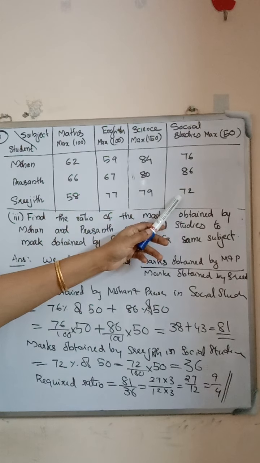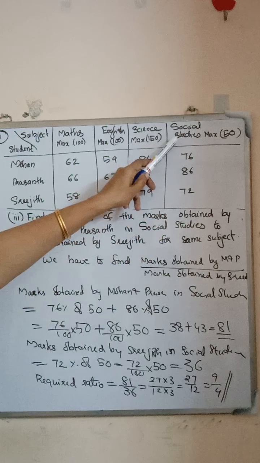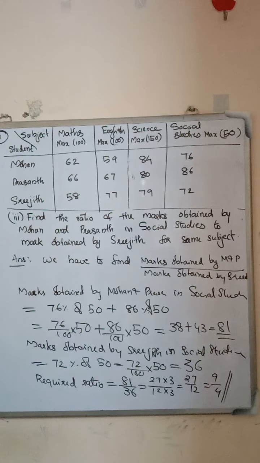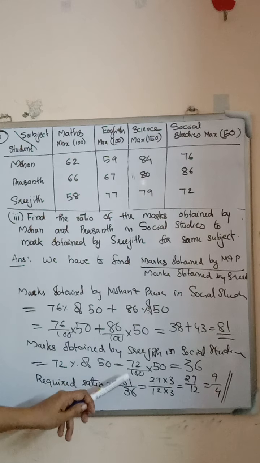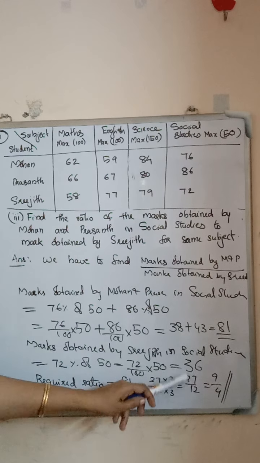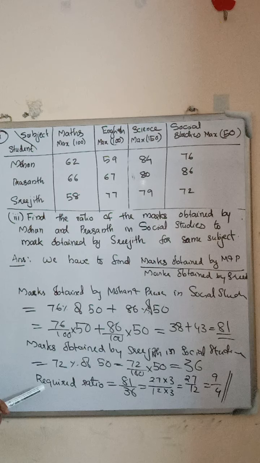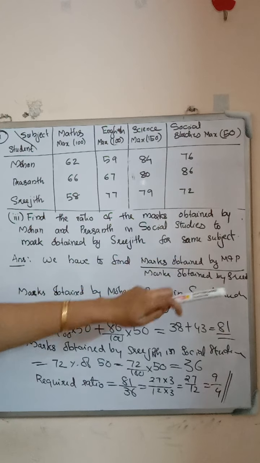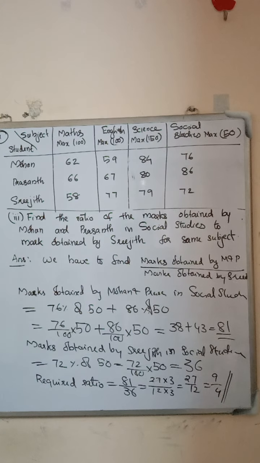Srijit has 72% marks in social studies and the maximum marks is 50. So 72% of 50 equals 72 by 100 into 50 equals 36. So the required ratio is 81 by 36, that is equal to 9 by 4.